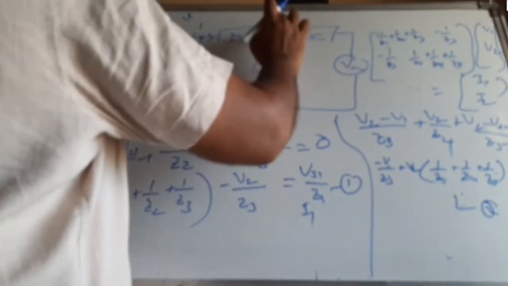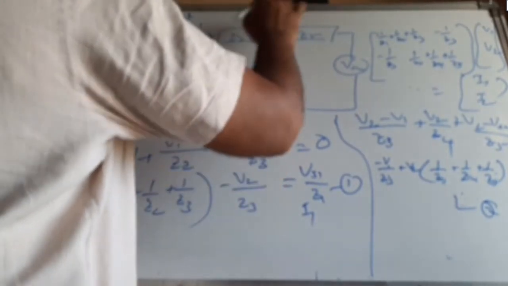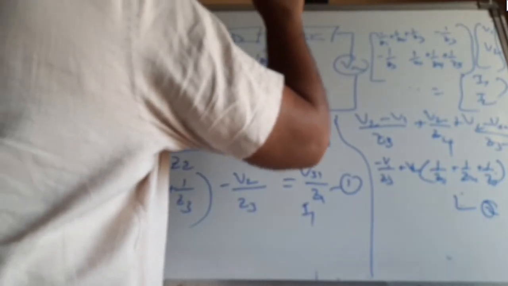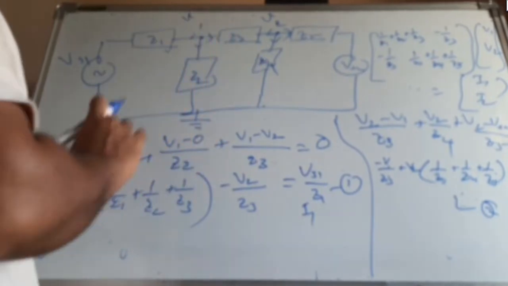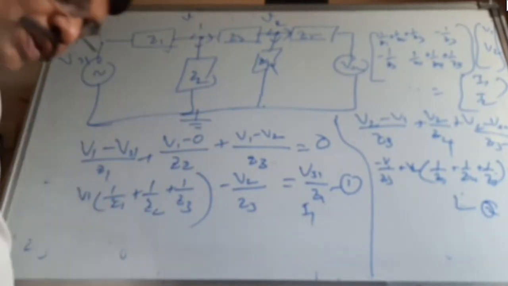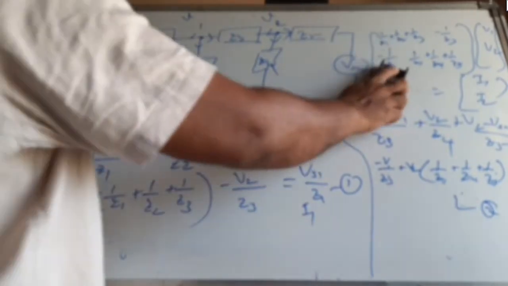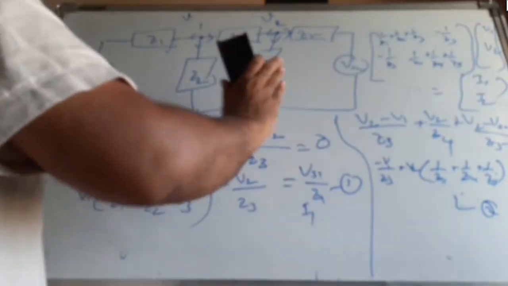Similarly, this is the sum of the admittances of all the impedances connected at node 2. This is how we form this matrix for solving the problem. Once you form the matrix, the practical part is over.